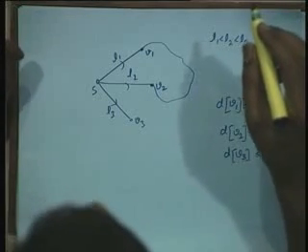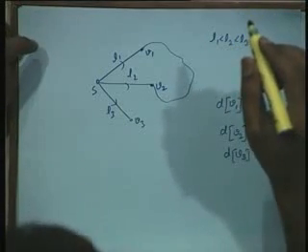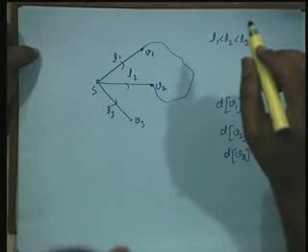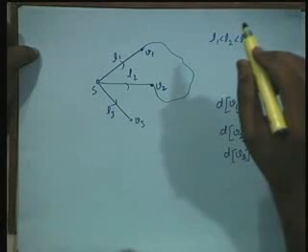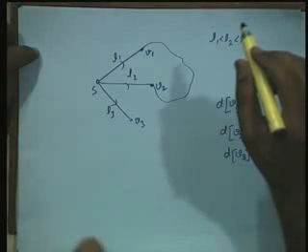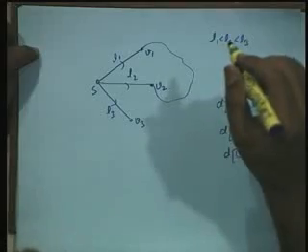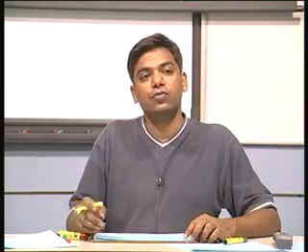So what are we going to do now? We know the actual distance of V1. Now how can we extend it? I have to find out the distance from S to every vertex.